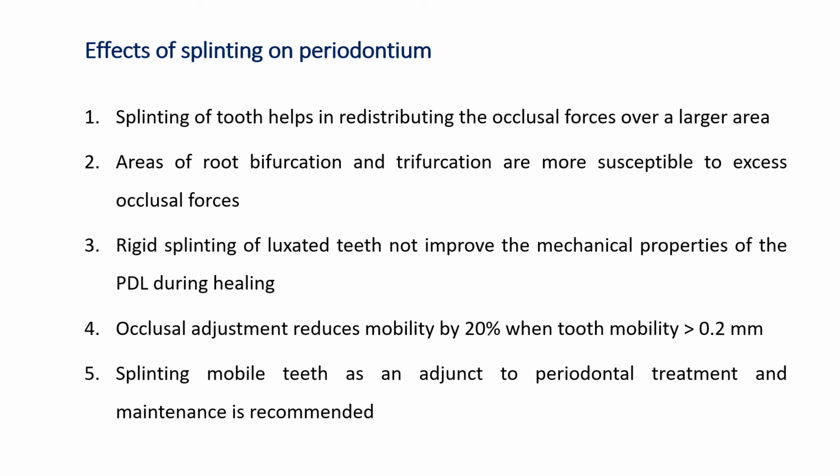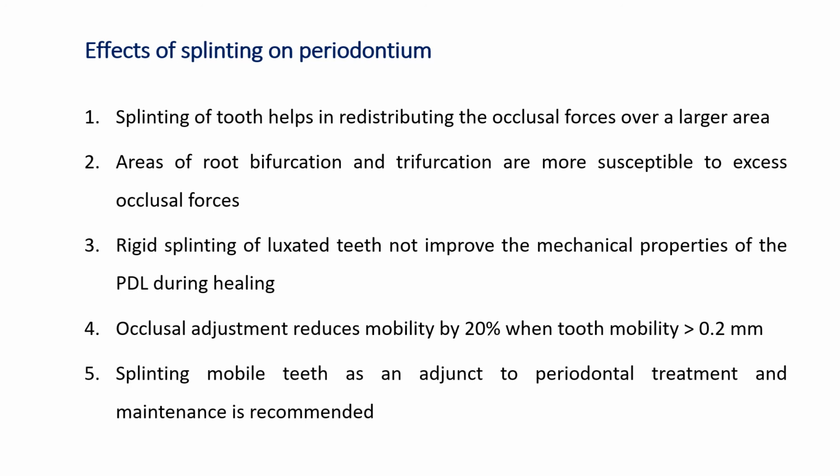Most of the evidence available is obtained from animal studies. In a study on rhesus monkeys to determine the effect of splinting on hyperocclusion, results showed that splinting of a tooth helps in redistributing the occlusal forces over a larger area.